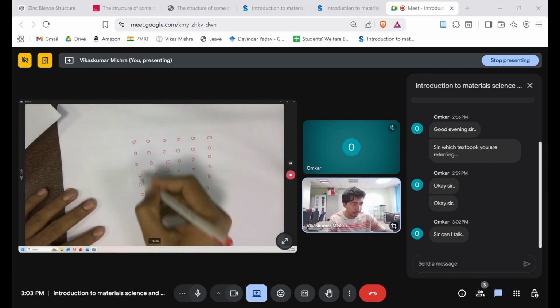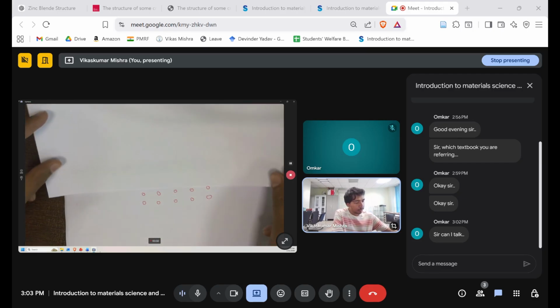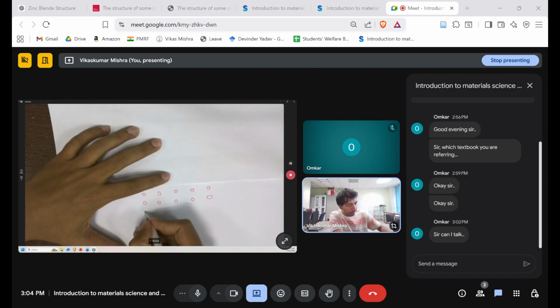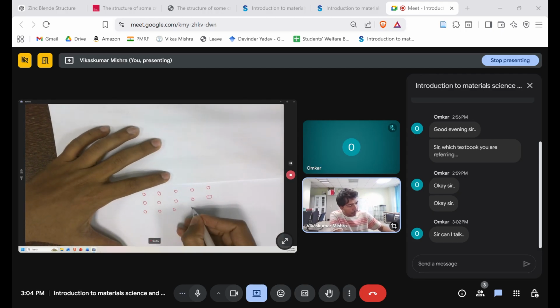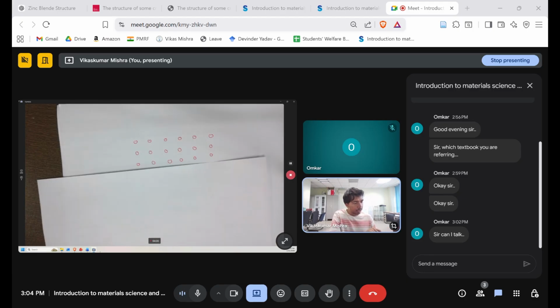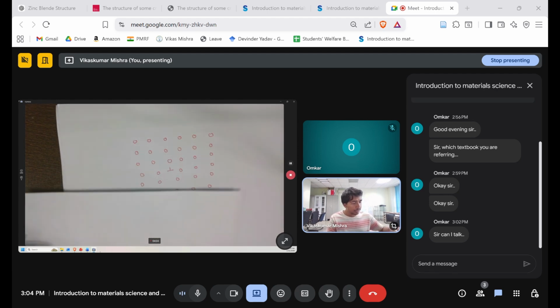Here is a defect. In this particular region, we have a defect. If I try to see below, we can see that the lattice is continuous. We are not able to see any defects over here. Also above, we are not able to see any defects. Right? Only the defect is present somewhere in between.